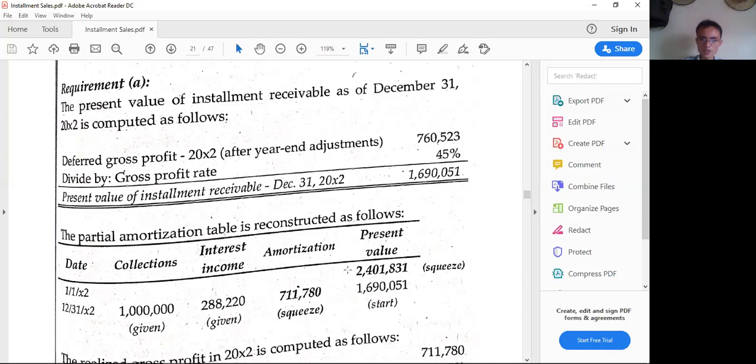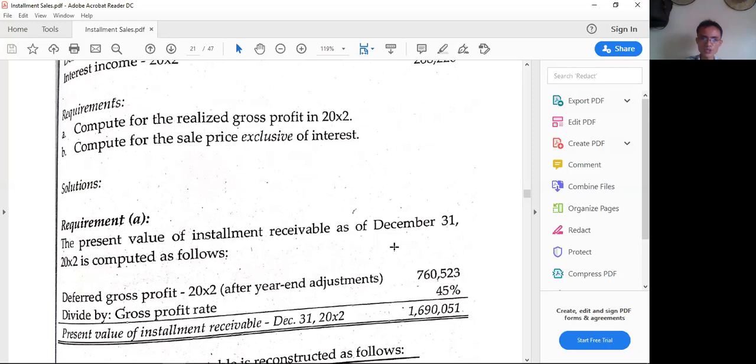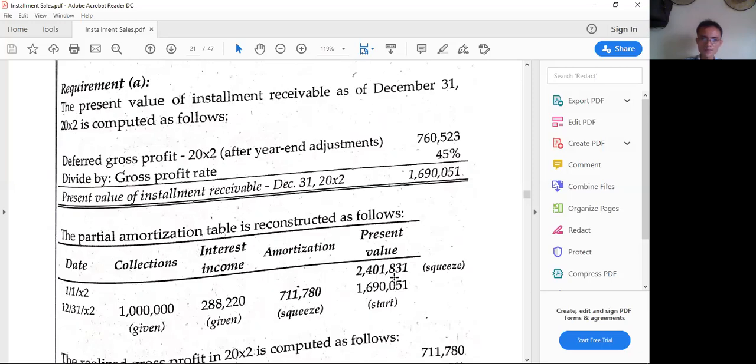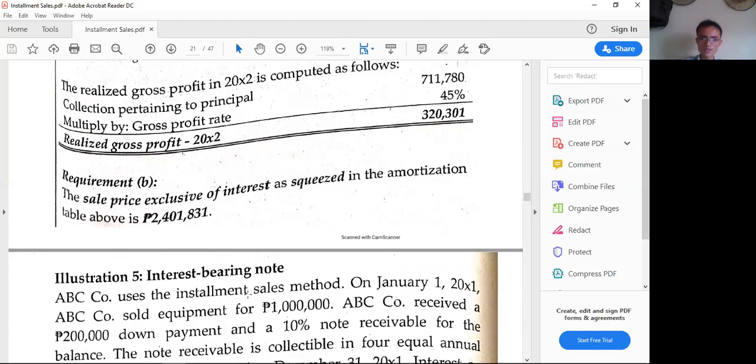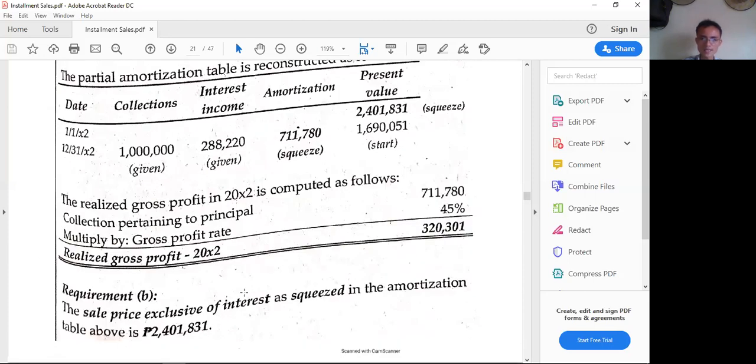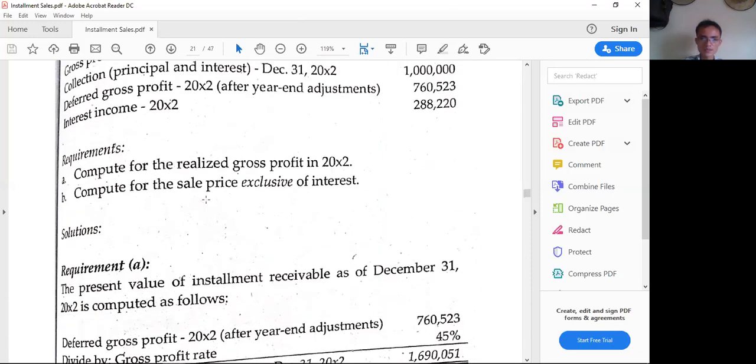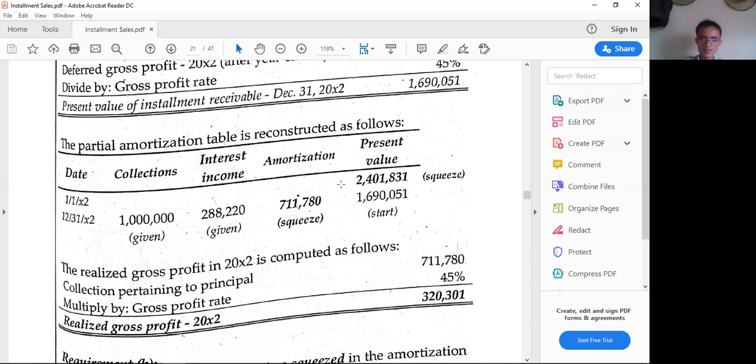Since this is to be obtained, so we add back and we get the present value. So this is going to be the letter B, right? Sales price exclusive of interest. And then if we are asked the realized gross profit, we have here the amortization, and we multiply that with a gross profit rate. Yeah, that's it.